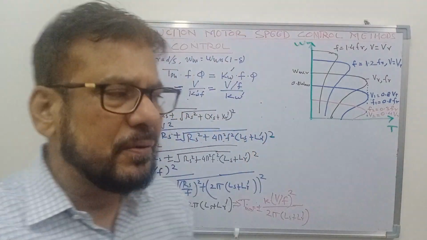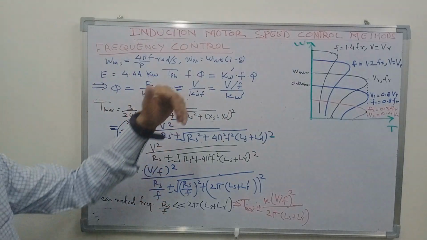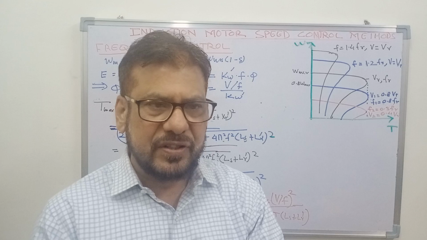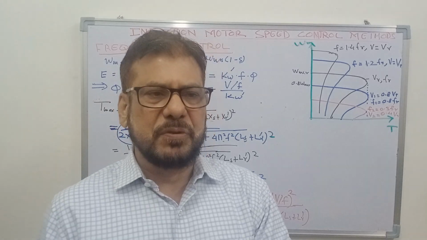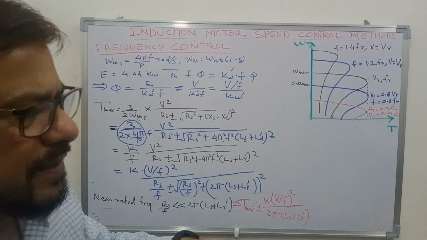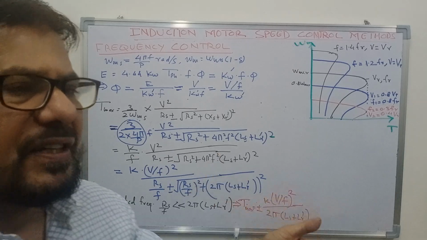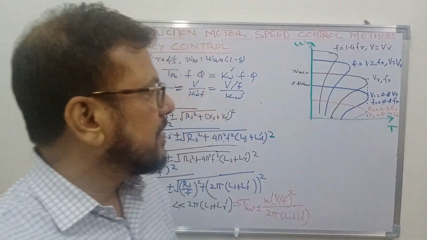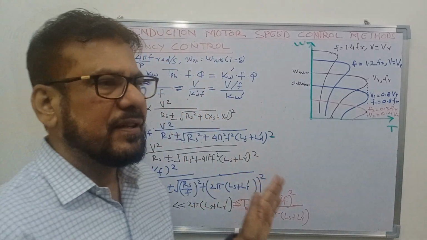So what is the remedy now? We can keep V by F constant near rated frequency, and as the frequency is reduced, say it is less than 50% or 60%, then we can slightly increase the voltage, slightly increasing the V by F, so that the constant torque is maintained.